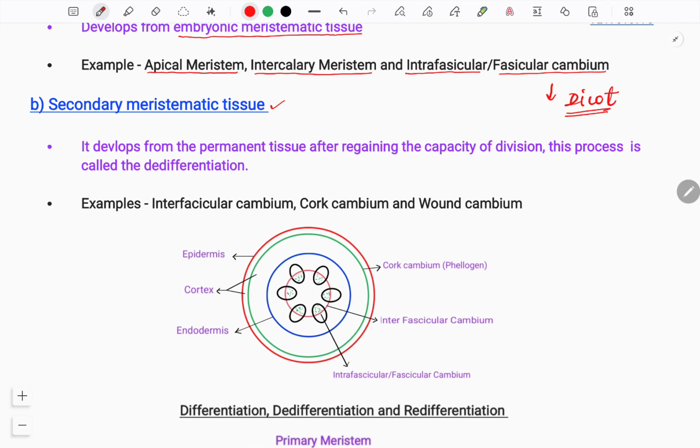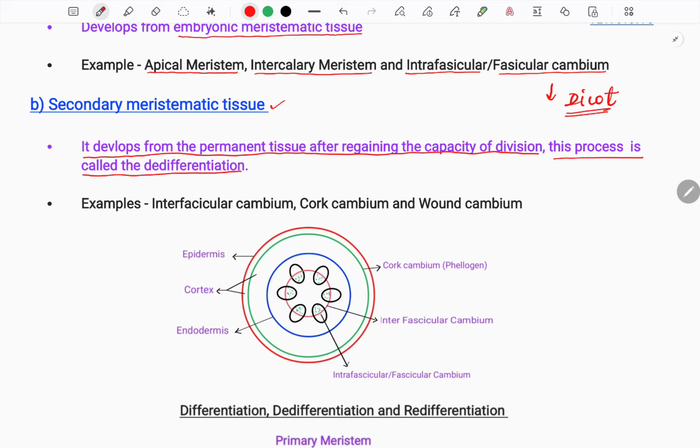What is the property of the secondary meristematic tissue and how does it originate? It develops from permanent tissue after regaining the capacity of division. This process is called de-differentiation. You have already studied it as the G0 phase, the temporary G0 phase during the cell cycle, in which the cell cycle will stop and the cell will enter the G0 phase.